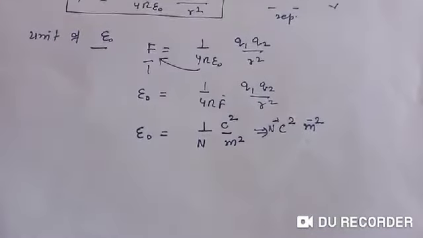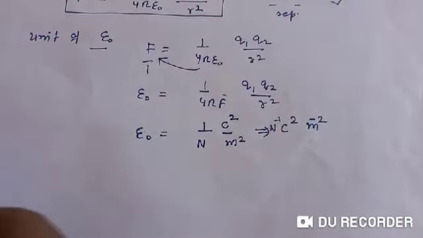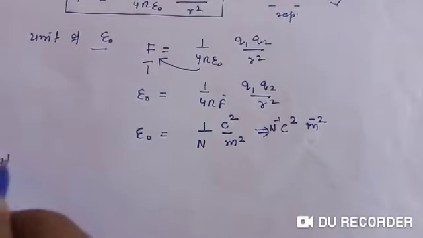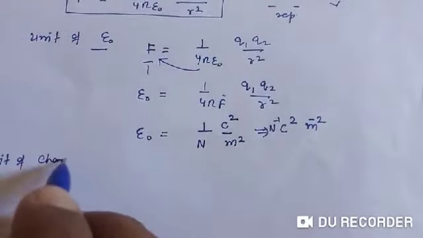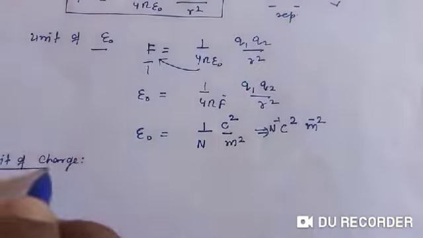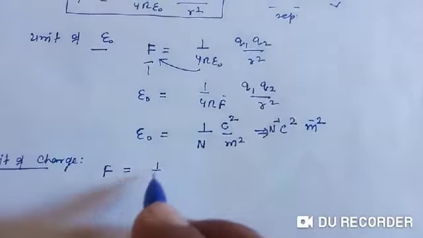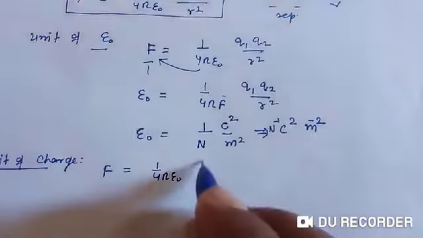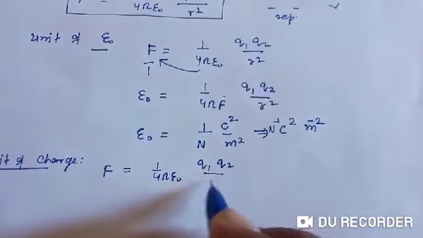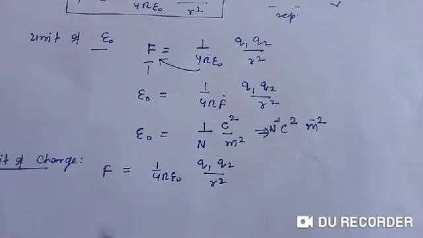Now let us define the unit of charge, right? So we know F equal to 1 upon 4 pi epsilon 0 Q1 Q2 upon R square, right?